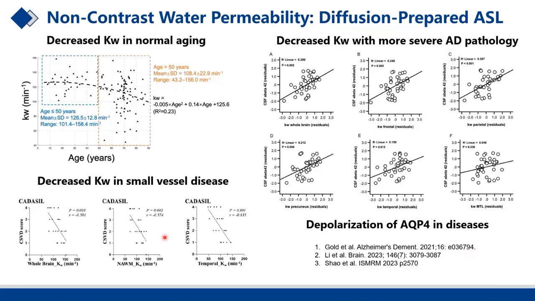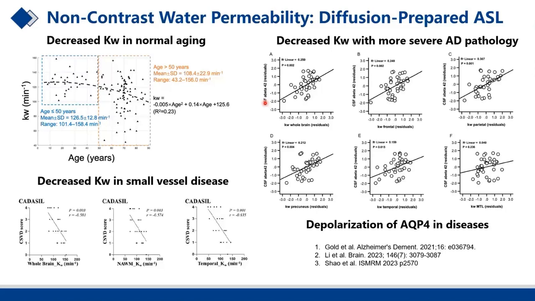It is also decreased in small vessel disease patients. They're also saying that the decreased KW is related to more severe AD pathologies, especially the CSF A beta 42. And they explain this by a depolarization of AQP4, the water channels, in those diseases. However, this is a little bit counterintuitive, since in those diseases the BBB permeability is increased, but of course this is water, so we don't know what actually happened.